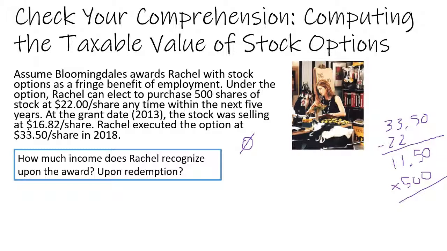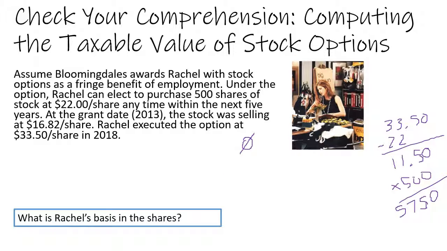So the income she would receive upon redemption of the stock option is $5,750. The value of the bargain element.